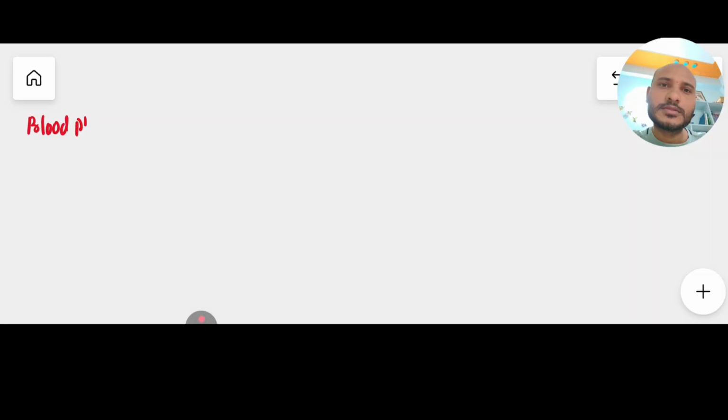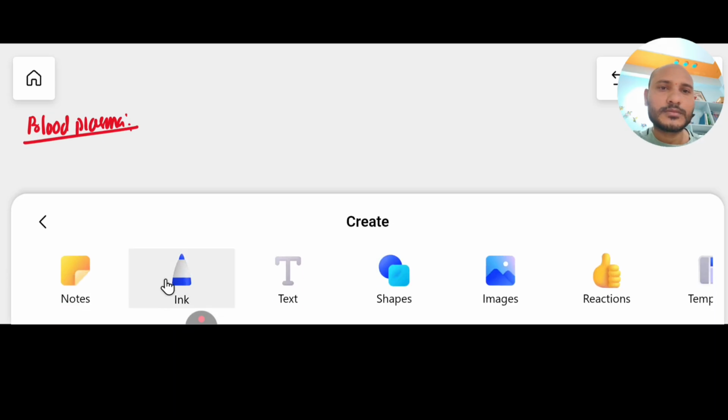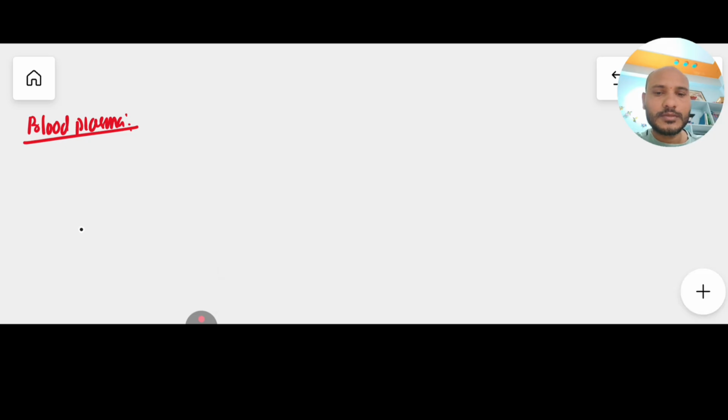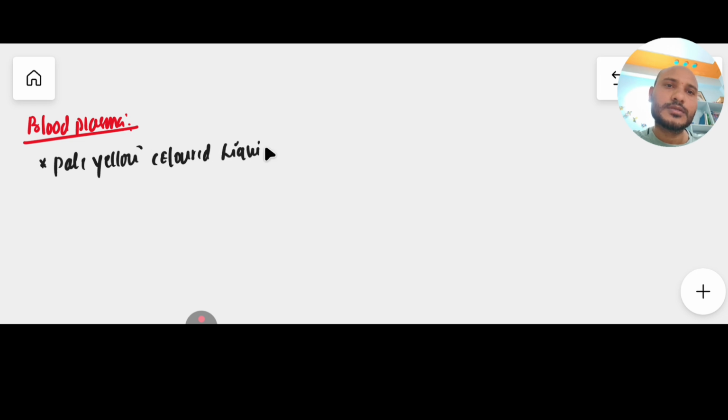Now we will discuss blood plasma. Its color is pale yellow, and it is the liquid in blood.